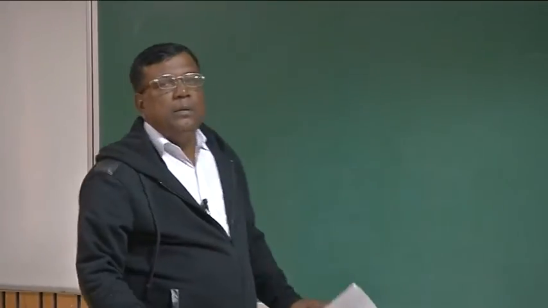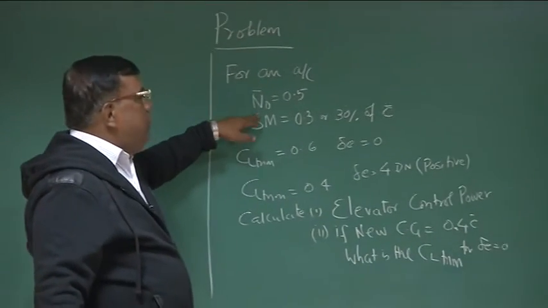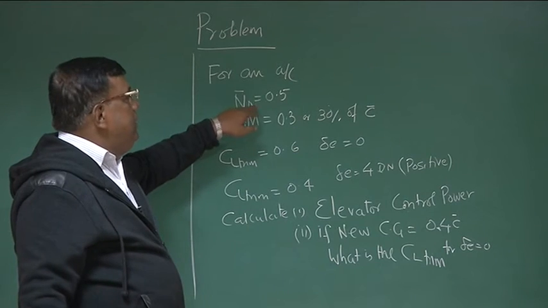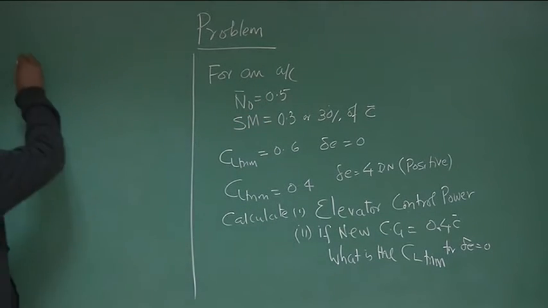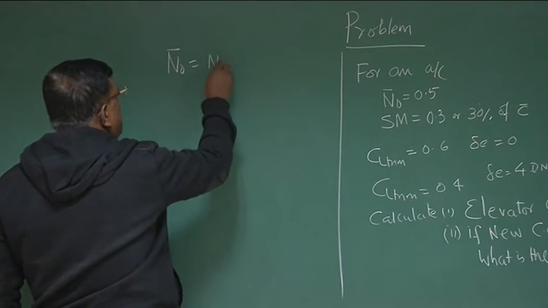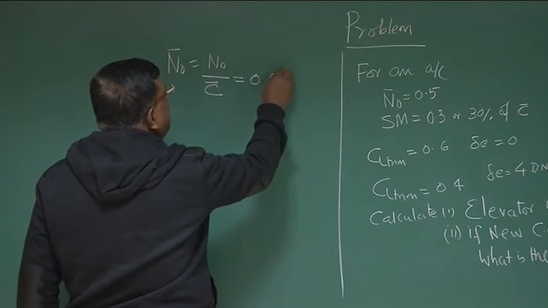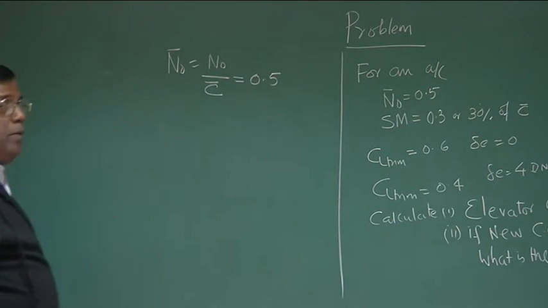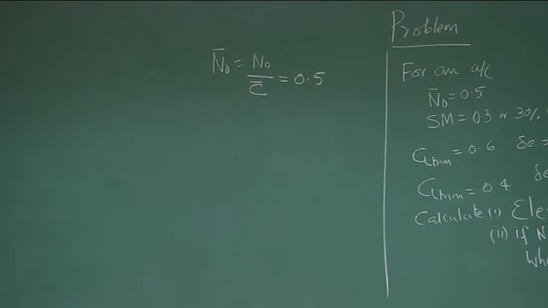Let us read this problem carefully. It says for an aircraft, the neutral point stick fixed is 0.5. N naught bar means the neutral point location non-dimensionalized with the mean aerodynamic chord. It is 0.5, that means from the reference point, N naught is located at 50% of the mean aerodynamic chord.